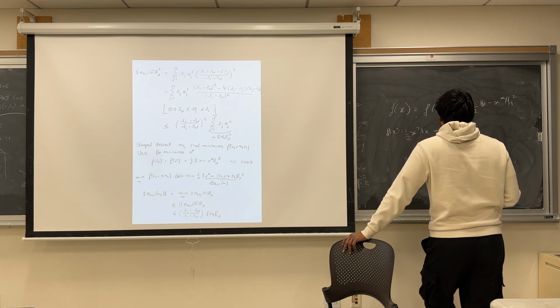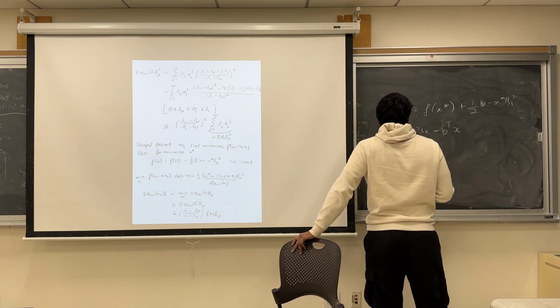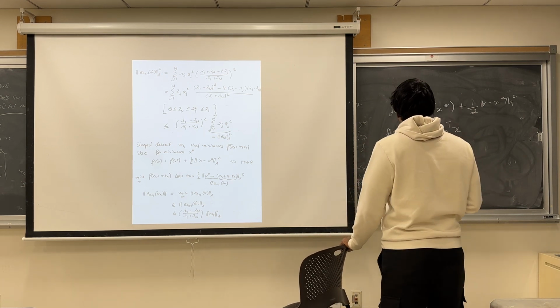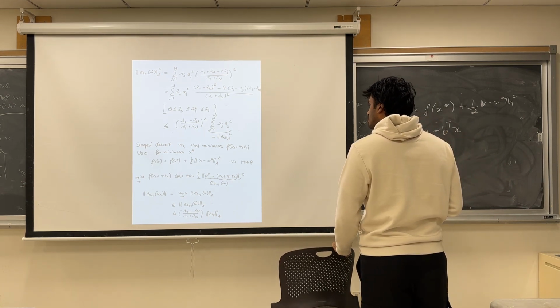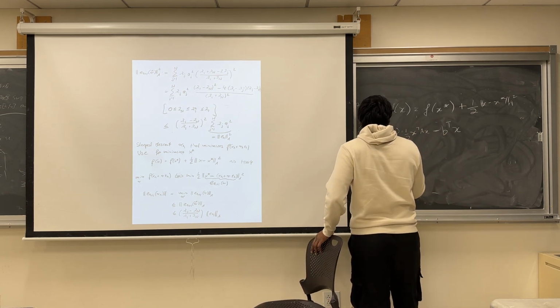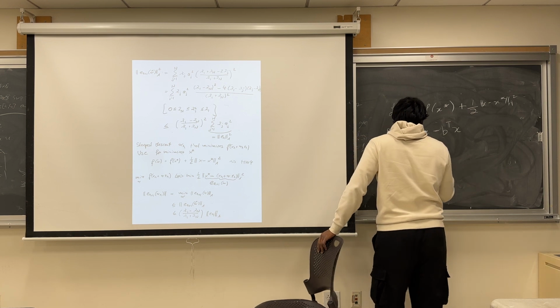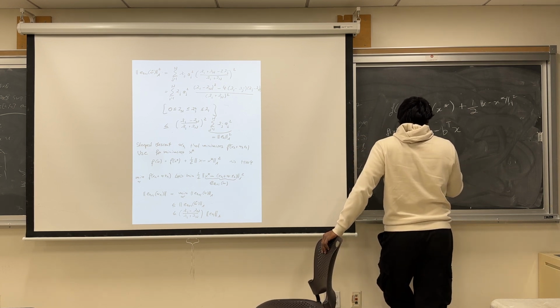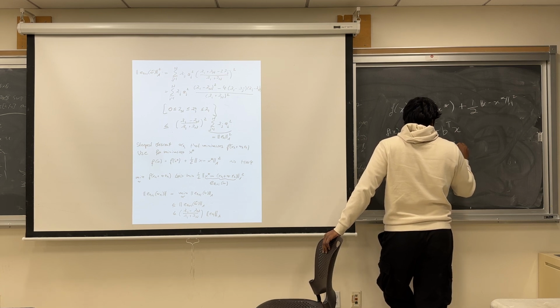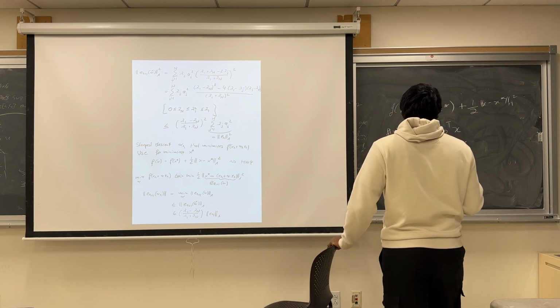Okay. So yeah, what was I doing, man? I want to do it for x star. F of x, the minimum is half x star A x star minus b transpose x star. Let me subtract these two together.